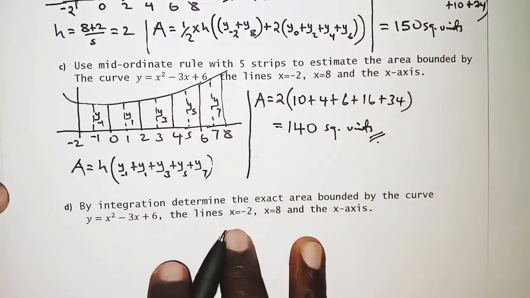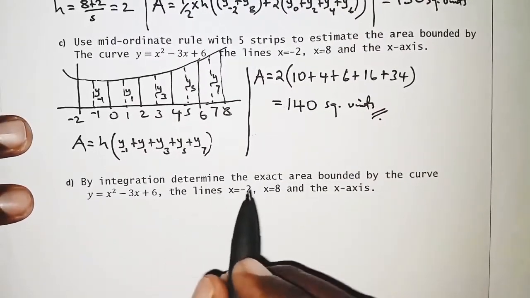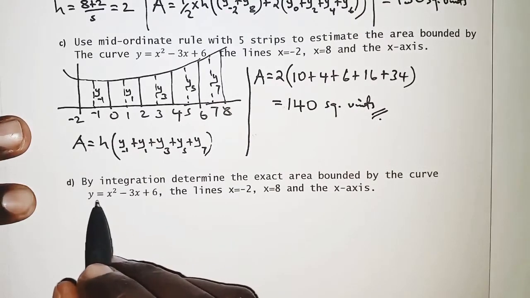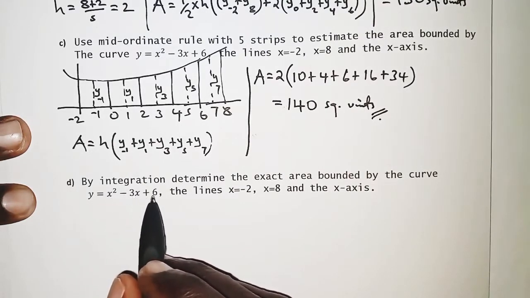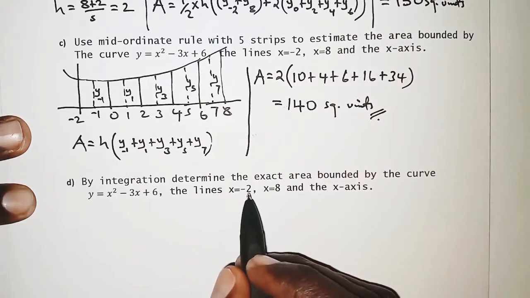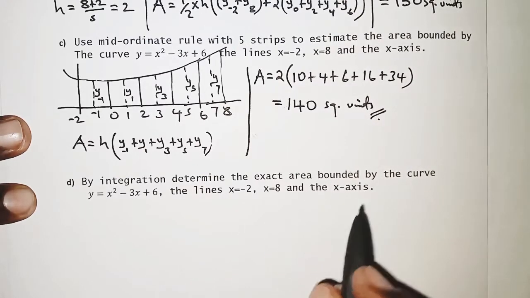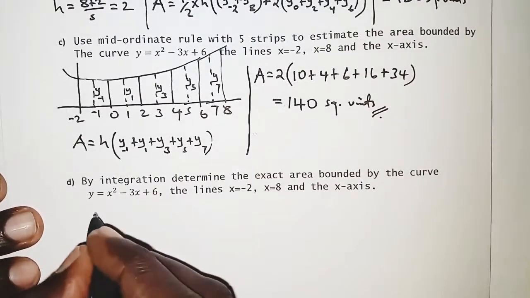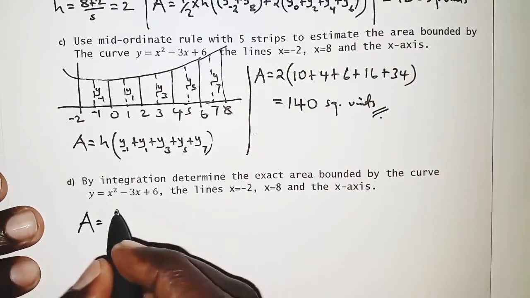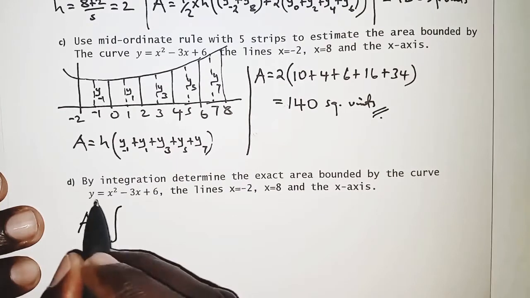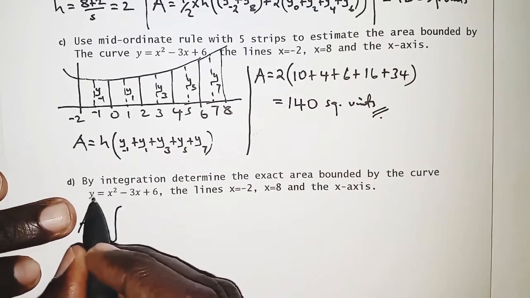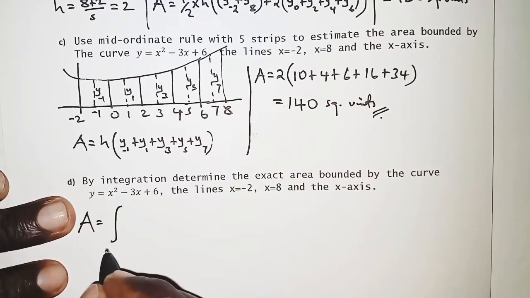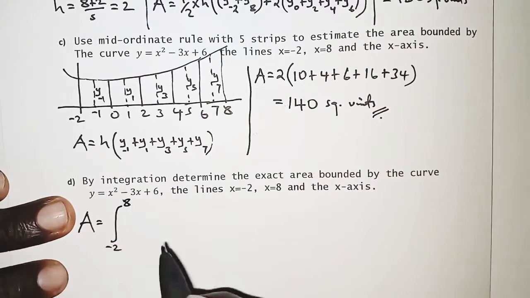Finally, by integration, determine the exact area bounded by the curve y is equal to x squared minus 3x plus 6, the lines x is negative 2, x is 8, and the x-axis. So here we are going to use integration. So the area becomes, we integrate the function y is x squared minus 3x plus 6 in the limits negative 2 and 8.